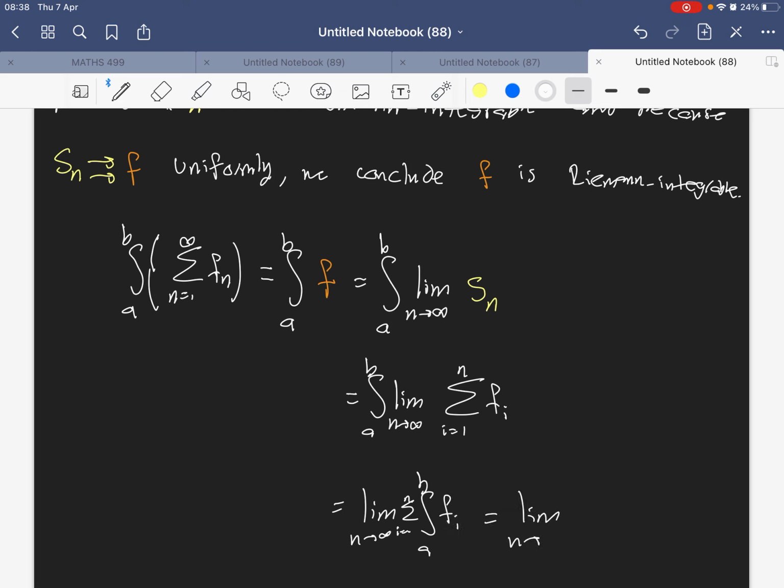So it is the limit as n goes to infinity, or just let me write it down as summation of integral from a to b.